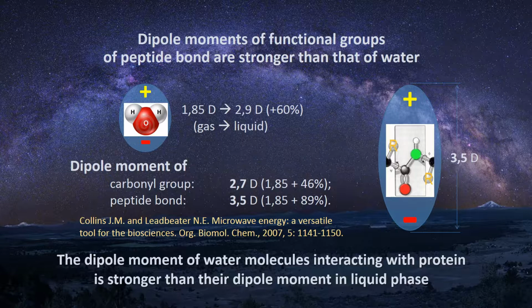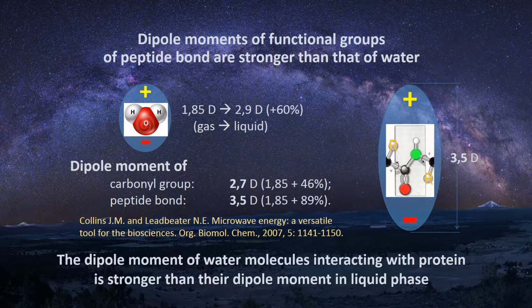This adsorption layer will be stabilized by two factors: first, by the stronger-than-water dipoles of peptide bond functional groups, and second, by stronger hydrogen bonds between water molecules included in the adsorption layer. The latter bonds will be stronger than normal ones because the adsorption layer is formed by water molecules with stronger dipole moments. The first adsorption layer will serve as a matrix for adsorption of the second, the third, etc.